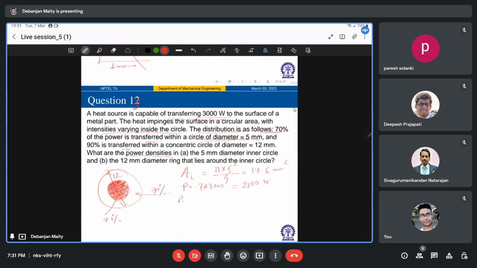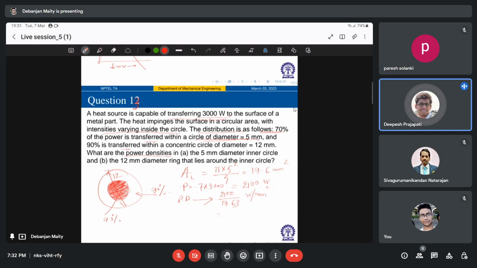So what would be the power density? How much is this? 106.98.